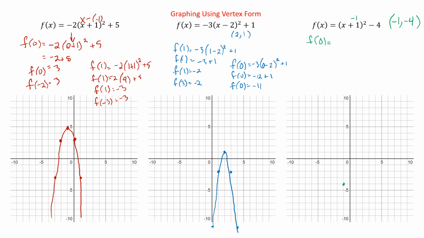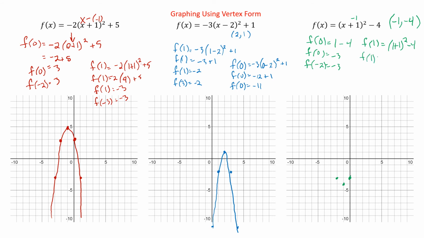f of 0. We'll have 0 plus 1 is 1 squared is 1 minus 4. So f of 0 equals negative 3. Which means that f of negative 2 will also equal negative 3 because of that symmetry. Let's plug in 1. 1 plus 1 squared minus 4. 1 plus 1 is 2.